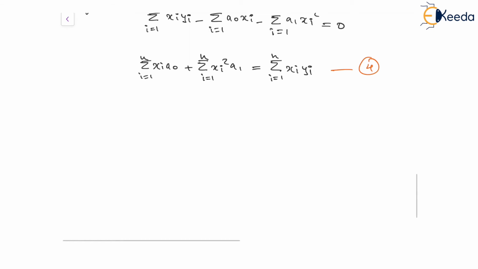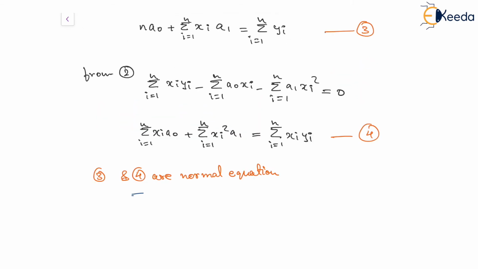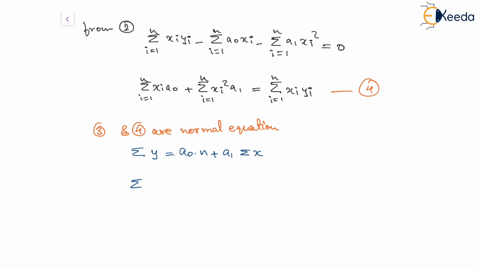So this third and fourth equation are the normal equations, which we may write as summation of y equal to a0 times n plus a1 times summation of x, and the second one as summation of xy equal to a0 times summation of x plus a1 times summation of x square.